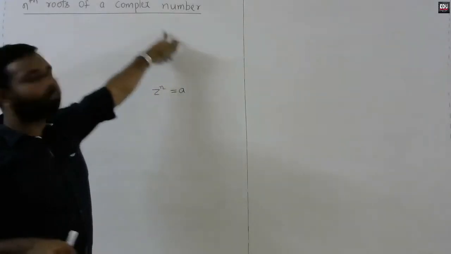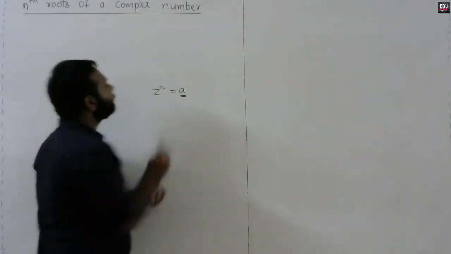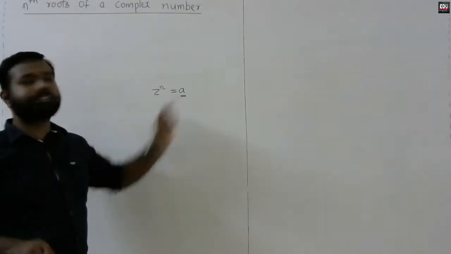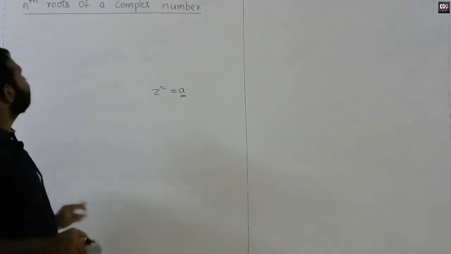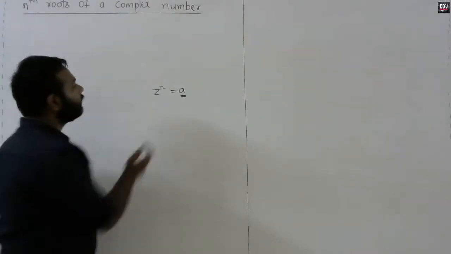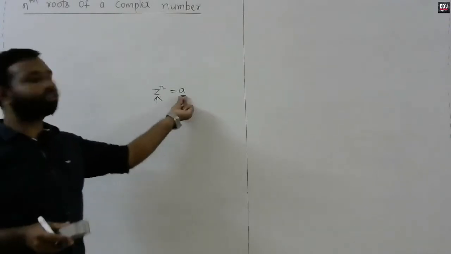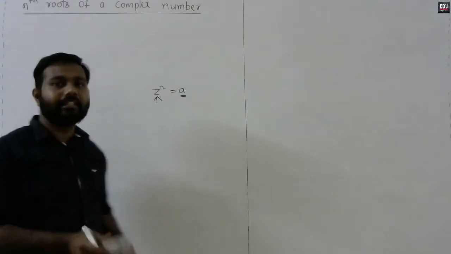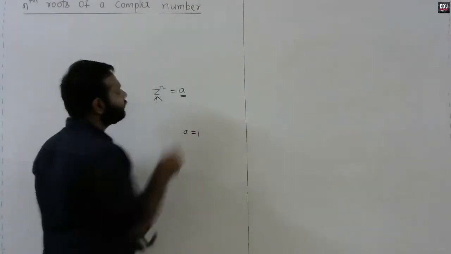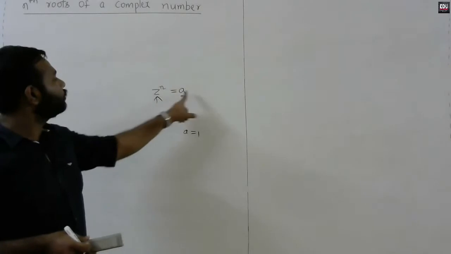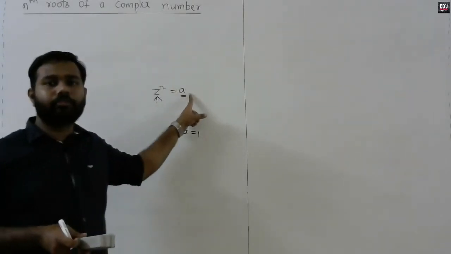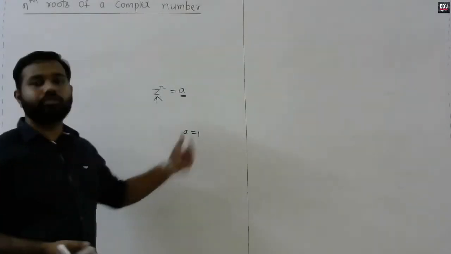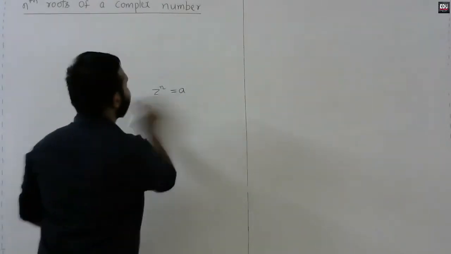So now in this session we are going to find nth roots of a complex number, and hence finally, taking a equal to 1, we will get nth roots of unity, which is a very important result in mathematics.